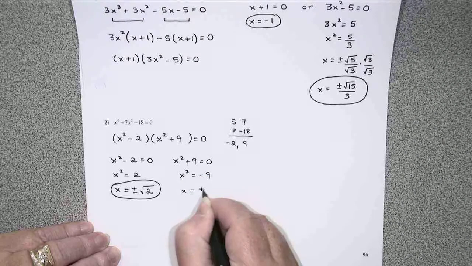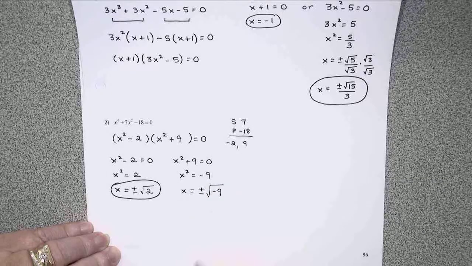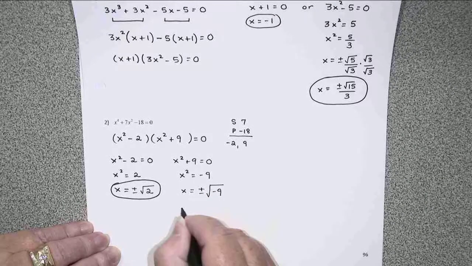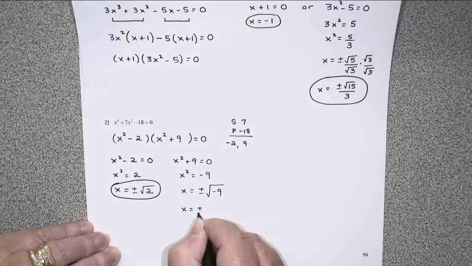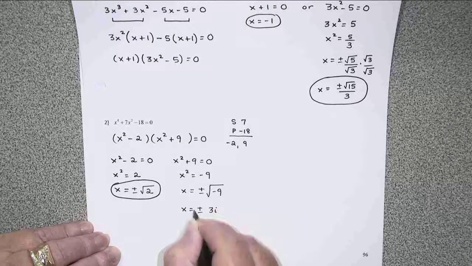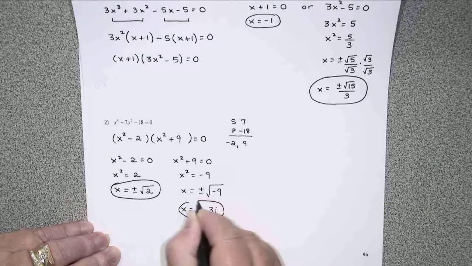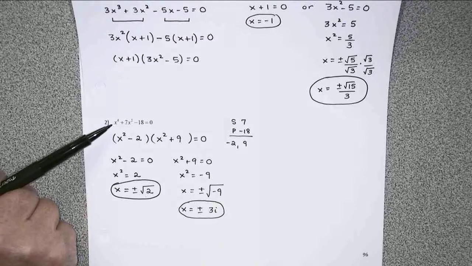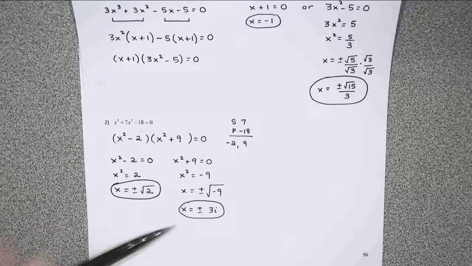So x would be plus or minus the square root of negative 9. Because of the negative under the radical, that's an imaginary answer, 3i. So notice this time we actually got 4 solutions. 2 there and 2 more there. Are you starting to notice a pattern at all? With that 4th degree polynomial, we have 4 solutions. Let's keep our eye on that.